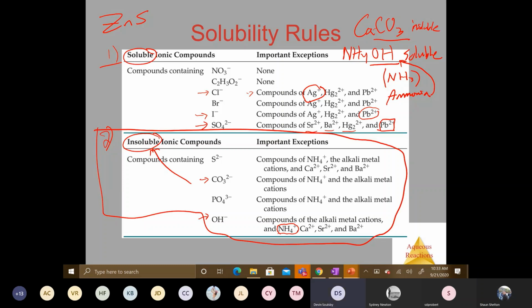It would be insoluble, wouldn't it? Yes, that's right. Insoluble. Thank you very much.